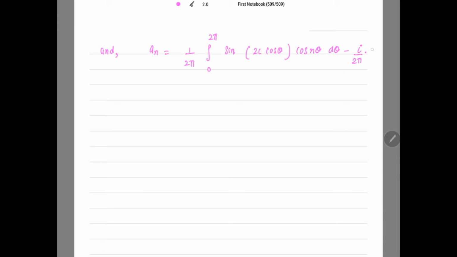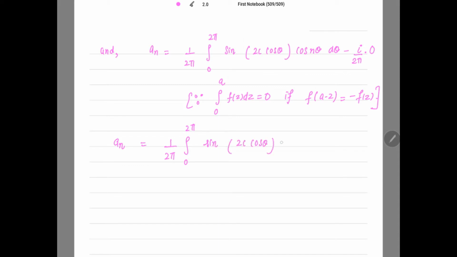That whole integral is 0 because we have used the remark, that is the integral from 0 to a of f(z) dz is equal to 0 if f(a minus z) comes out to be equal to minus f(z). So finally I got a_n as 1 over 2 pi, which is my required result, integral of sin of 2c cos theta cos of n theta d theta.